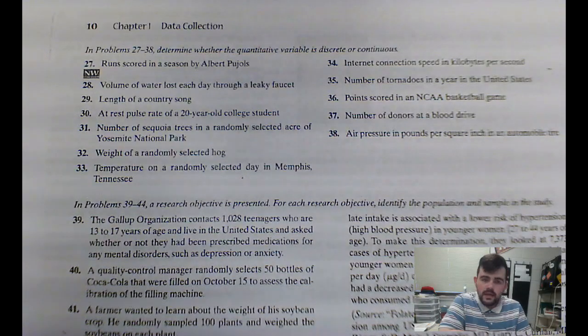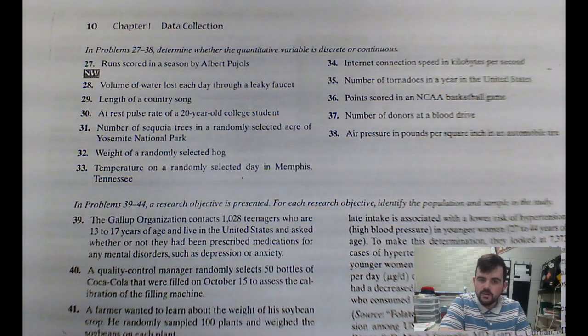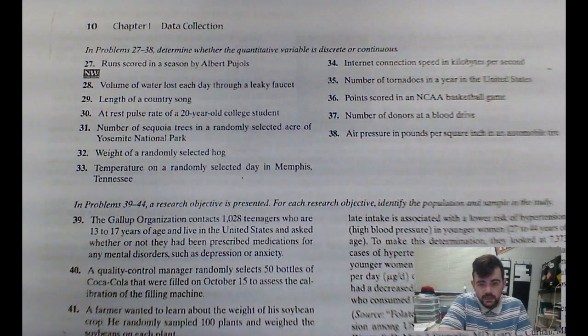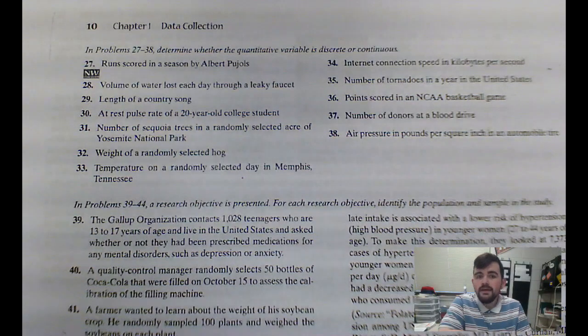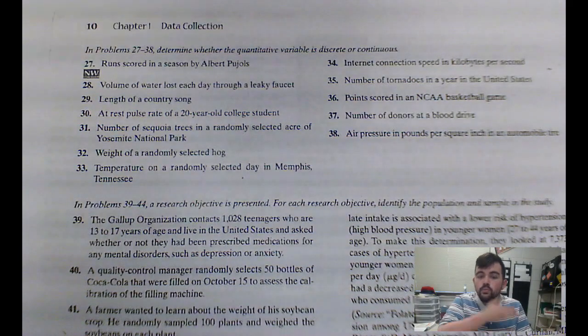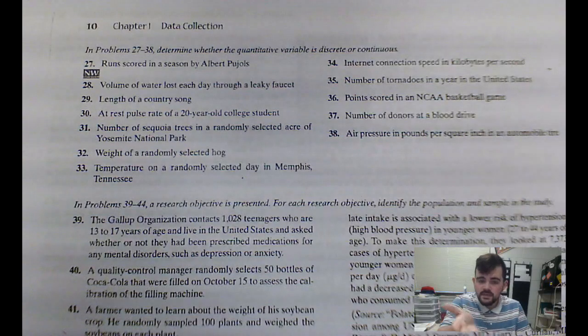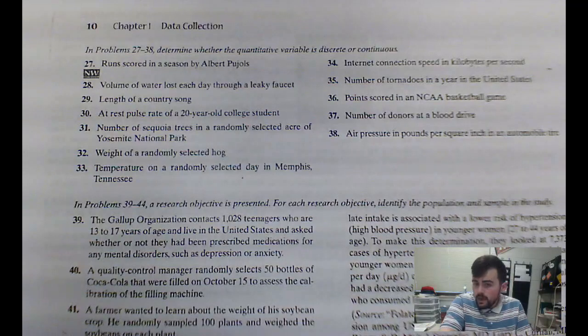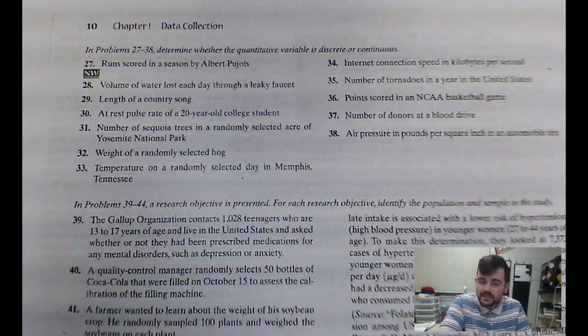29. Now, your A-team counterparts and I had somewhat of a lengthy conversation on the length of a country song, whether or not it's discrete or continuous. The answer is, in my opinion, and in this book, continuous. Because whenever you're recording something, depending on, like right now, this says we're 15 minutes, some odd seconds in, and it doesn't show in between seconds, but you can measure using like a really fancy stopwatch between this in seconds.